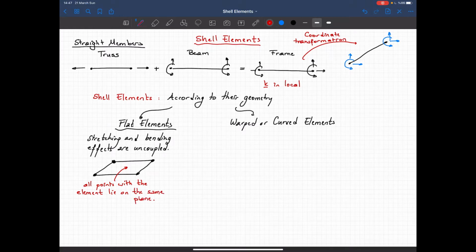If that's the case, we can uncouple the stretching and bending action as we did in the frame elements. Of course, as expected in the warped and curved elements, they are not uncoupled. So stretching and bending are coupled.